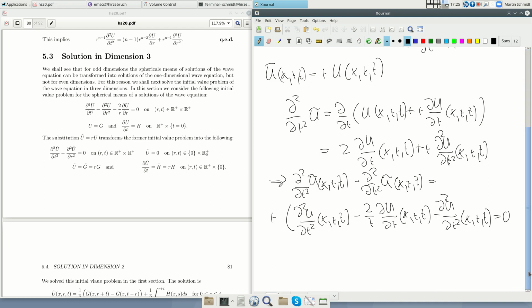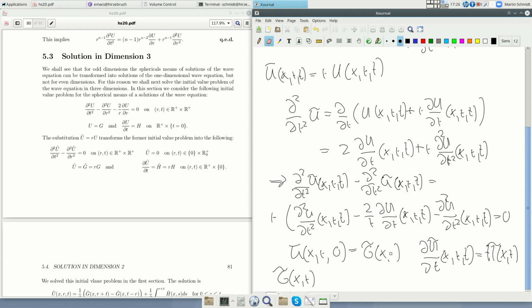And of course we have the initial values: u tilde of x, r, 0 is g tilde of x and r, and the derivative by dt of u tilde at 0 is h tilde of x and r, where we define g tilde of x and r as r times g of x, r, and h tilde of x and r as r times h of x and r.